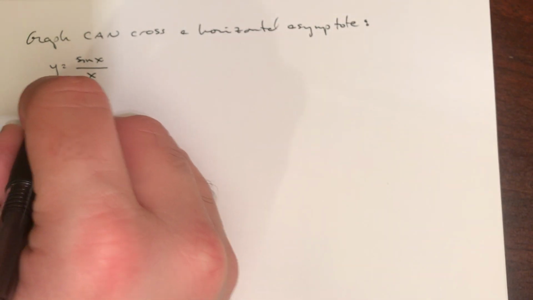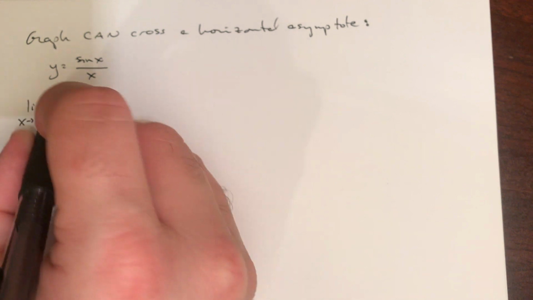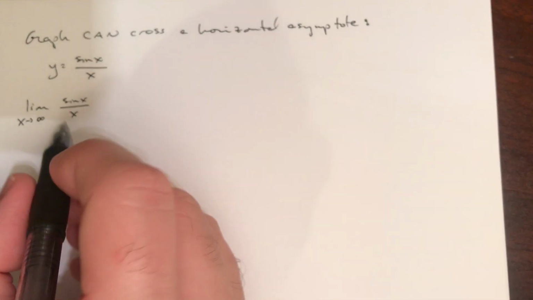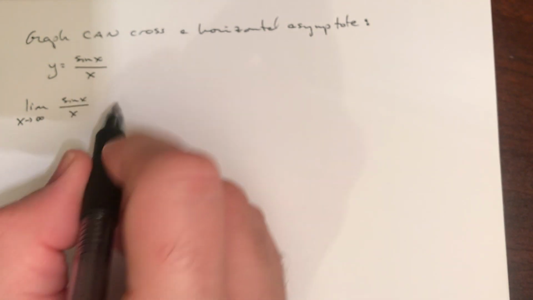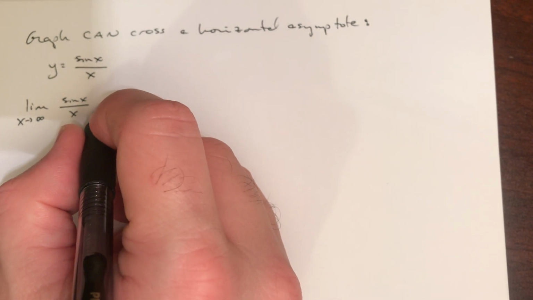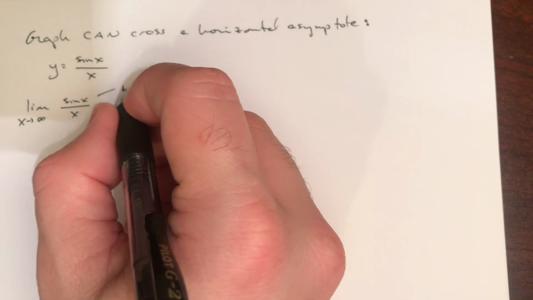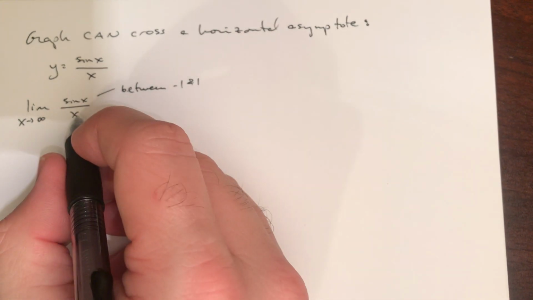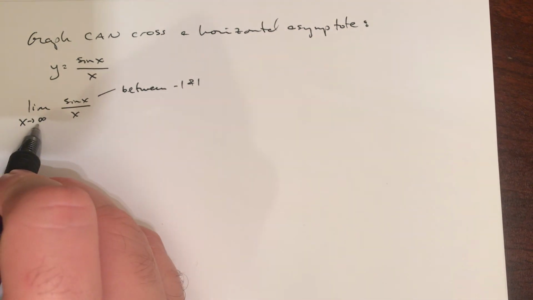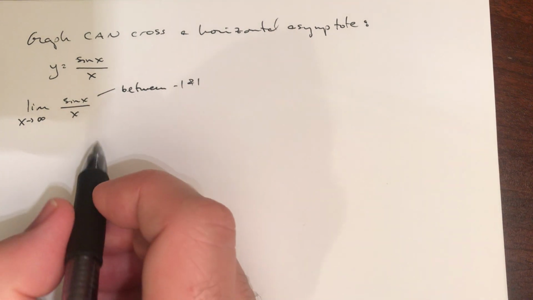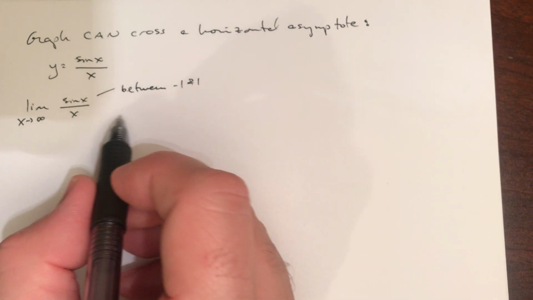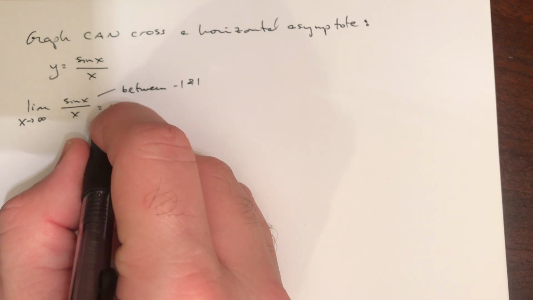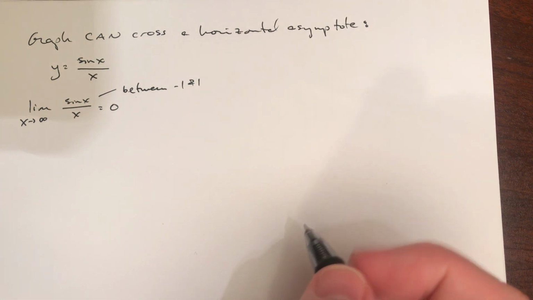If we find the limit as x goes to infinity of sine x over x, well, the numerator of our fraction is going to stay between negative 1 and 1, whereas the denominator of our fraction is going to get very, very, very large. And so we're going to see the overall value of this fraction get smaller and smaller.